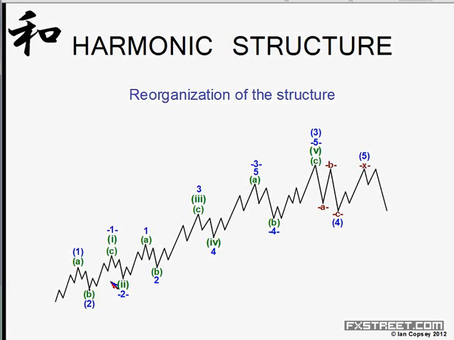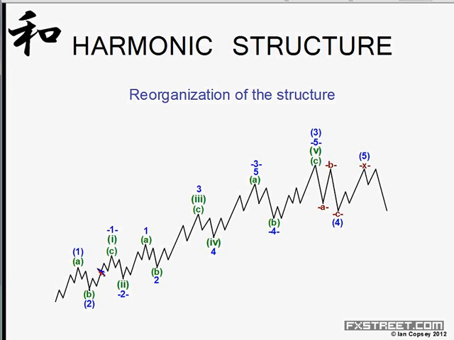Now, in traditional Elliott Wave, just to cover alternation first, the theory is that if you get a simple wave 2, you will get a complex wave 4. Or if you have a complex wave 2, you have a simple wave 4. In Harmonic Elliott Wave, there is an extra added feature that I find exceptionally useful and actually quite powerful.